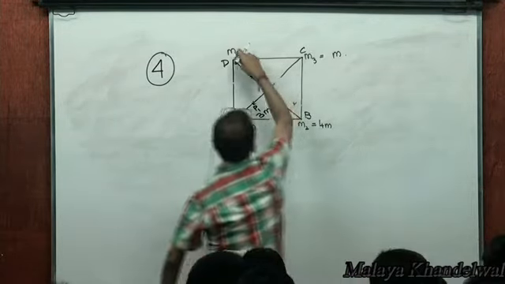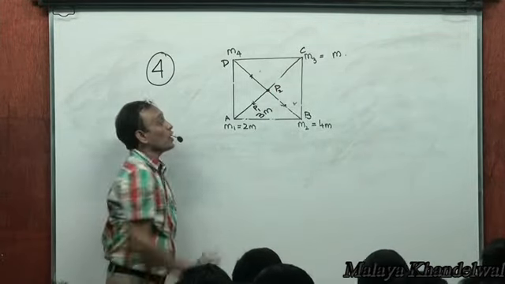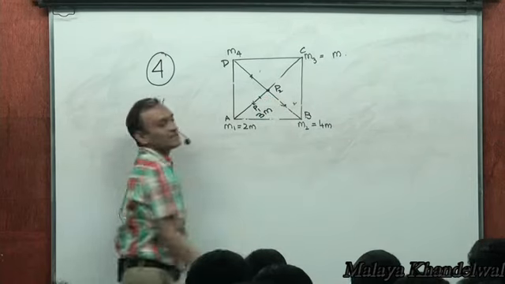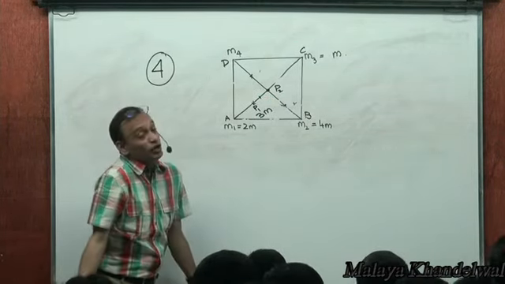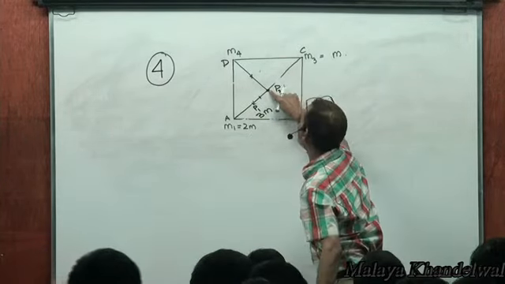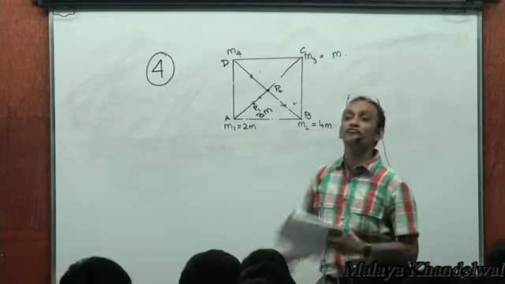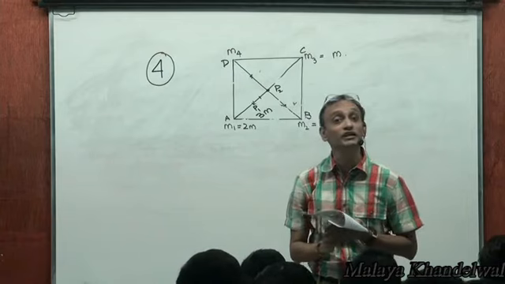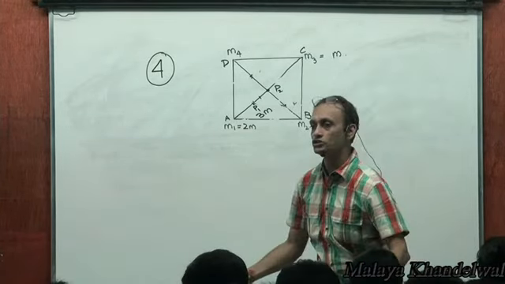Then the center of mass of M4 and M2 would lie somewhere here, P2. Now the center of mass of the system will lie somewhere here. That means for no value of M4 can you have the center of mass of this unit at the geometrical center. We cannot find a value of M4 for which the center of mass of the unit is at the intersection of the diagonals. Have you registered this thought or not?